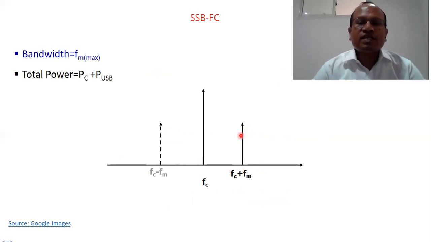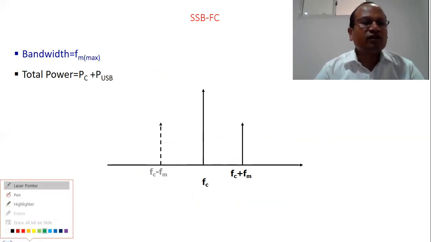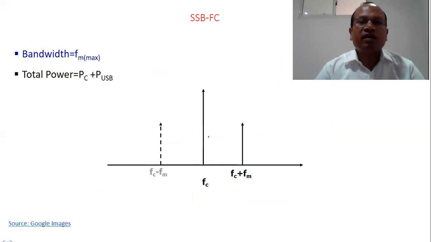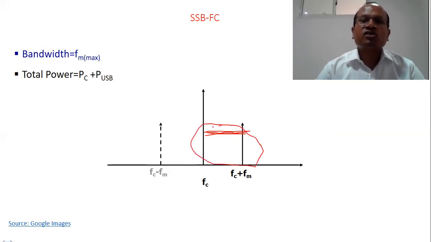We see the spectrum extending from FC to FC plus FM, and when I use a pen here, this is the gap. And what is the gap? It is FM. So what is the bandwidth here? This total bandwidth is FM.